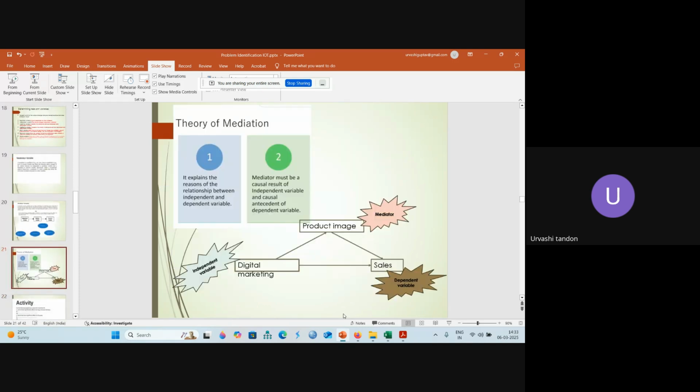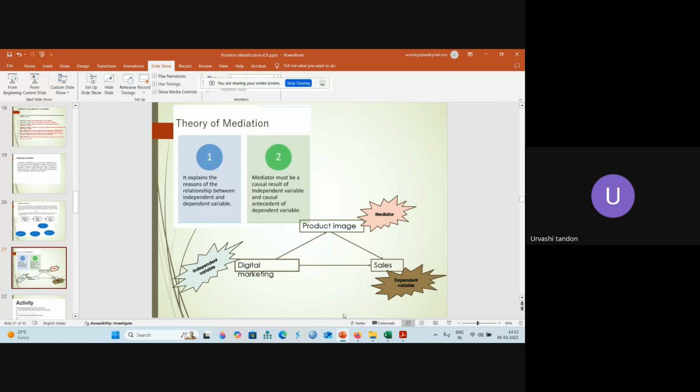So the theory of mediation says that it explains the reasons for the relationship between the independent and dependent variable, right? First of all, the mediator must be a causal result of the independent variable, meaning digital marketing must lead to product image, and a causal antecedent, right?